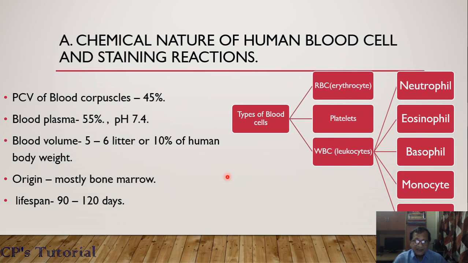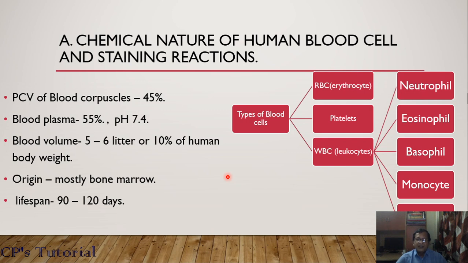Its fluidity is maintained by blood plasma, which remains in the system at 55% ratio, in which the other component, the blood corpuscles, remains at 45% ratio. This 45% ratio is the packed cell volume, that means without blood plasma. The total volume is about 5 to 6 liters. Otherwise, I can say that it is 10% of the human body weight.